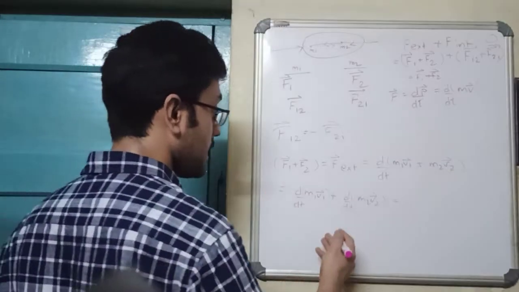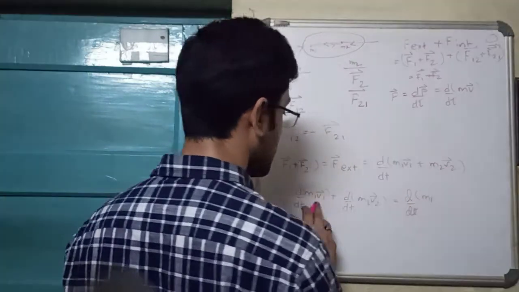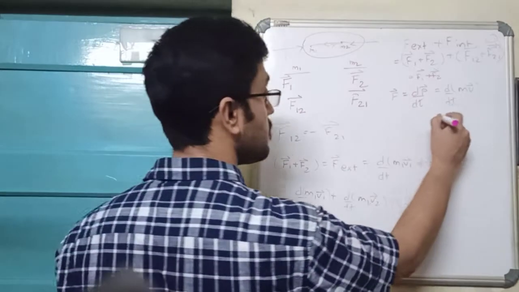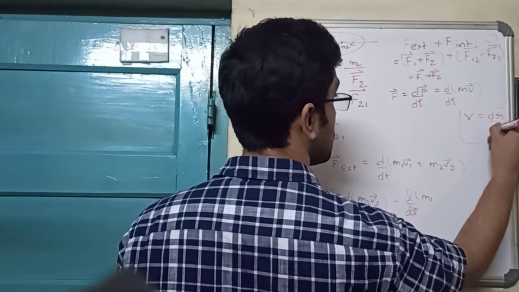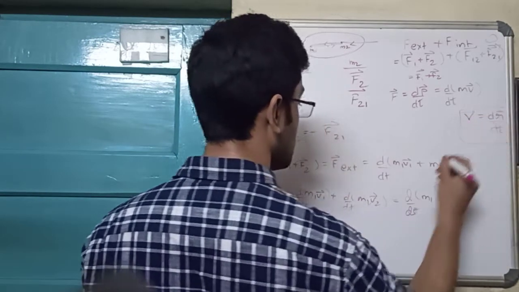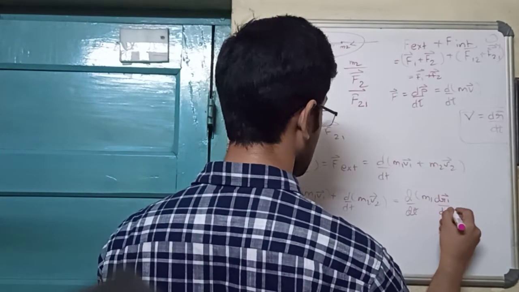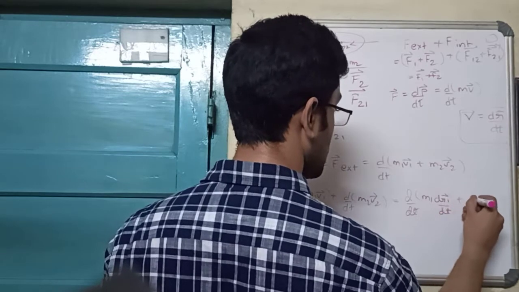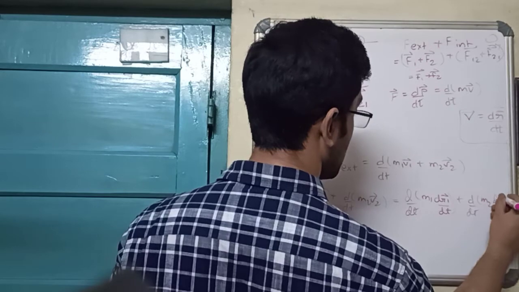This can be written as, what can we write down for velocity? We know this again from basic calculus, that velocity is rate of change of position with time. So for v1 we can write dr1 by dt, and here we can write d/dt of m2 times dr2 by dt.